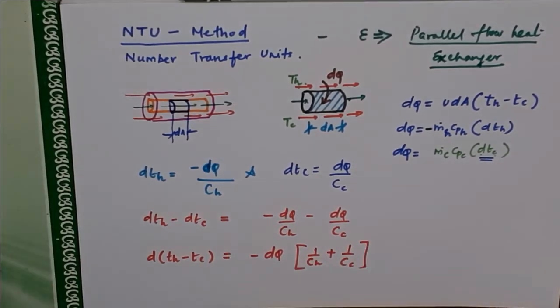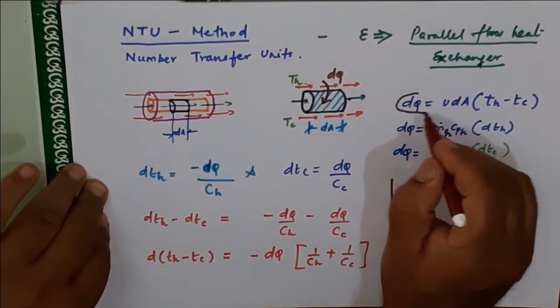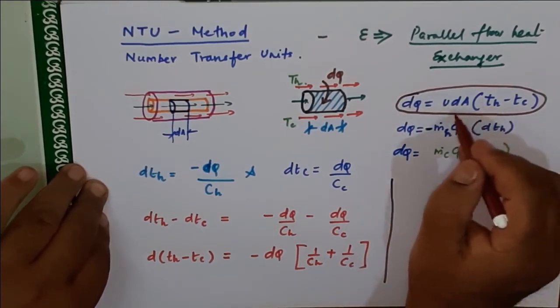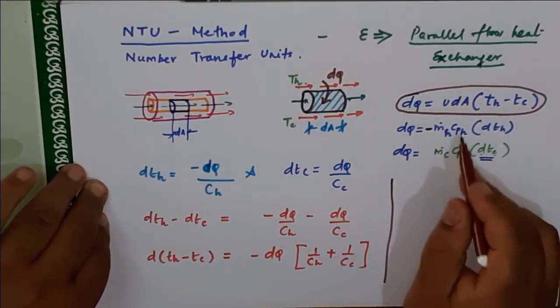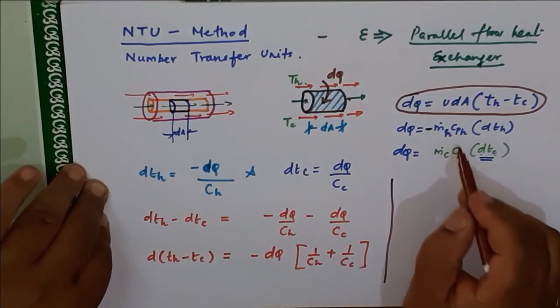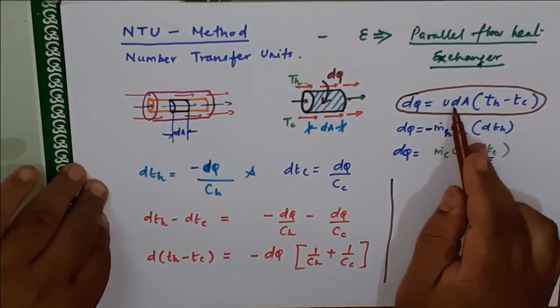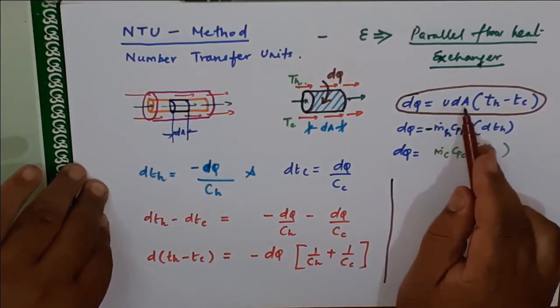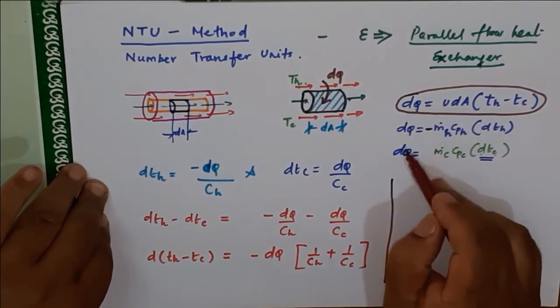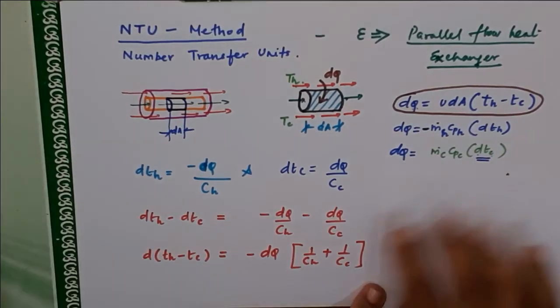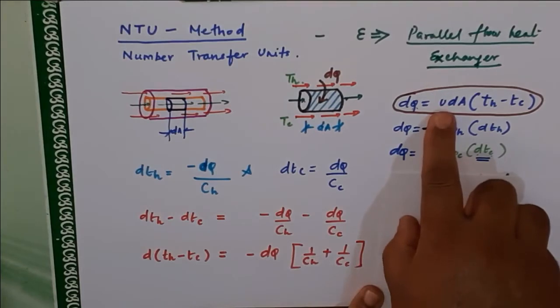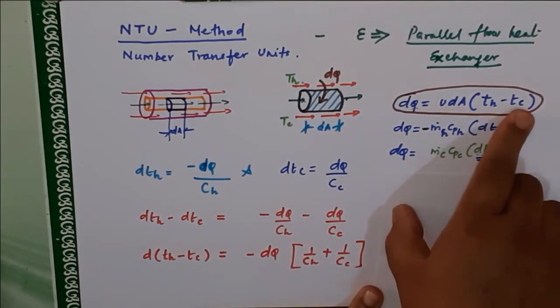Now what can you do? You already know dQ. This is from the overall heat transfer coefficient. These two equations are from energy balance. This is the energy balance equation. This is the overall heat transfer U A delta T. So dQ in either case is all the same. Instead of this dQ, you can write U dA TH minus Tc.